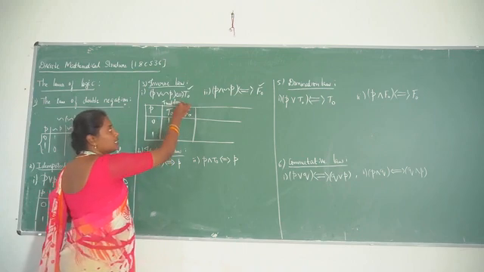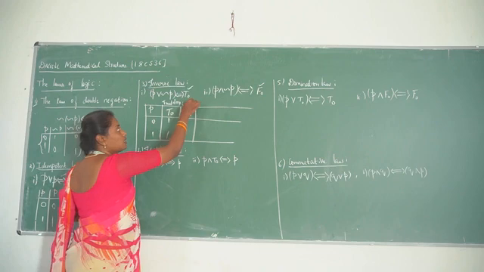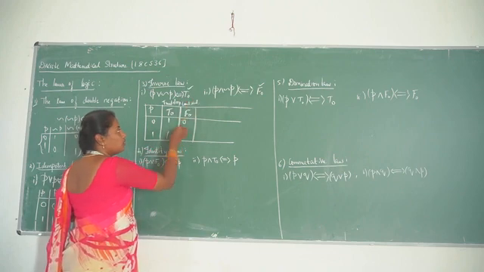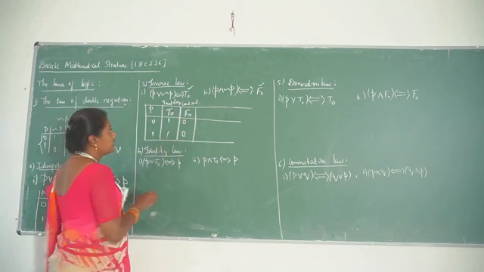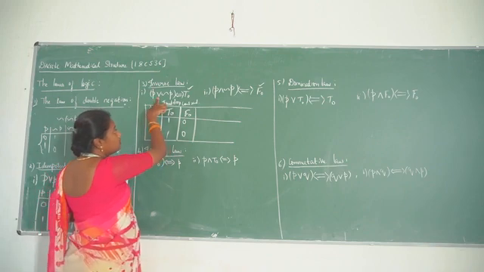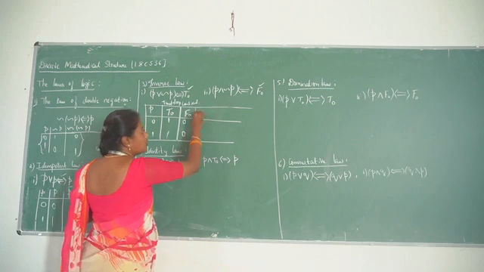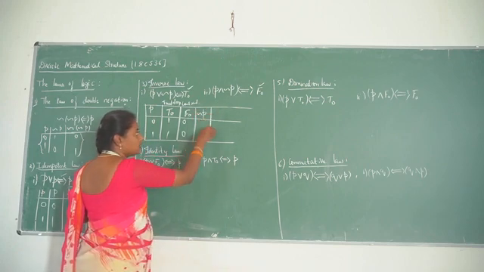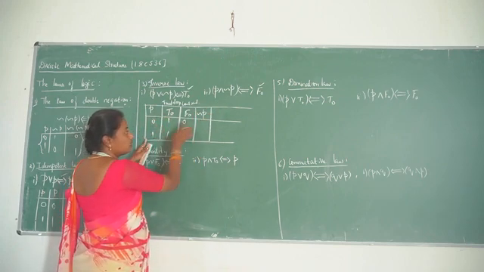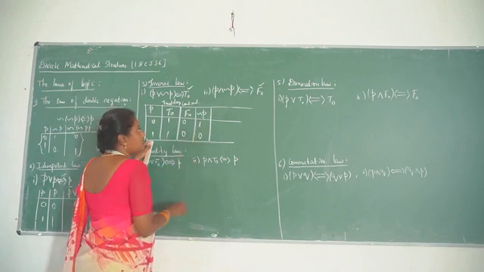F naught represents a contradiction, so it should contain all false values. Next we have to find the value of the disjunction of P and its negation, and the conjunction of P and its negation. For that, write the negation of P. P is 0 1, the negation of P is 1 and 0.